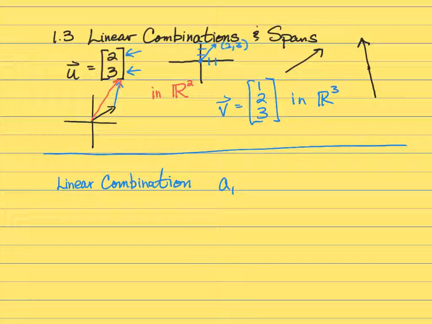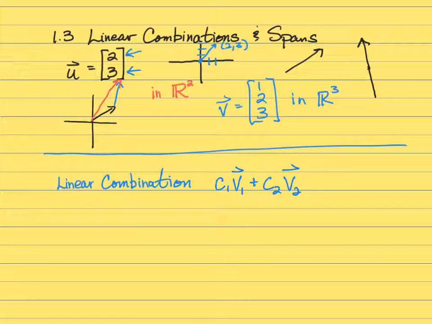It's going to be some constant times your first vector, v sub 1, and I'll put the arrow there, but I guarantee you that at some point I will forget to do that.